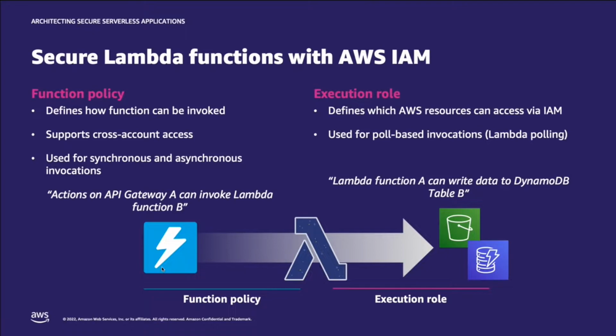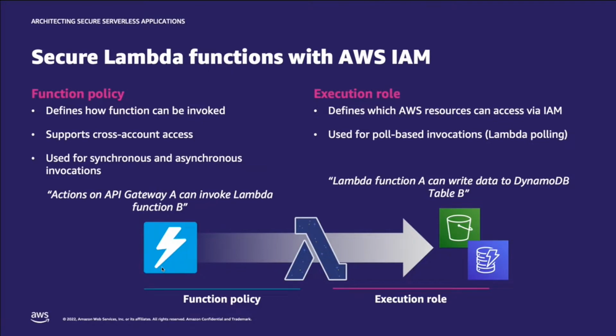On the other side, we also have the execution role, which is created explicitly as part of the function development and helps to access other AWS resources. In other words, let's say I want Lambda function A to call SQS or to write data into a DynamoDB table.